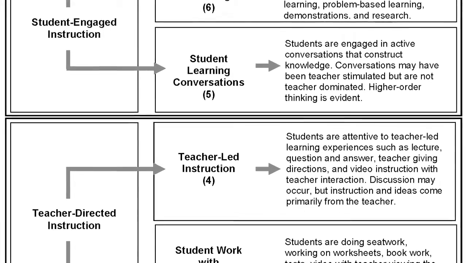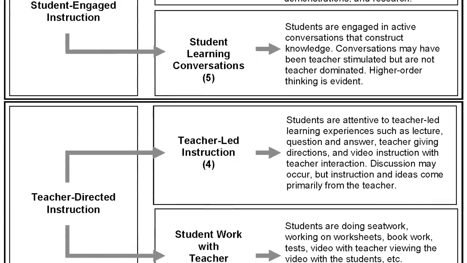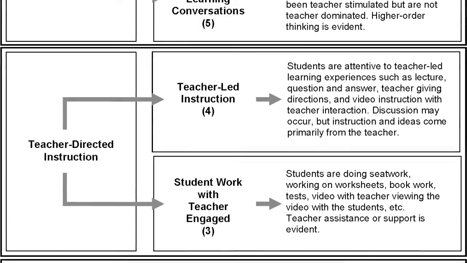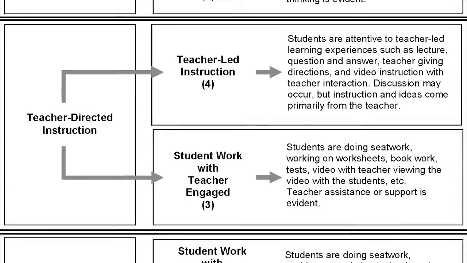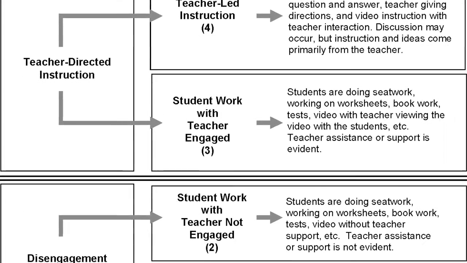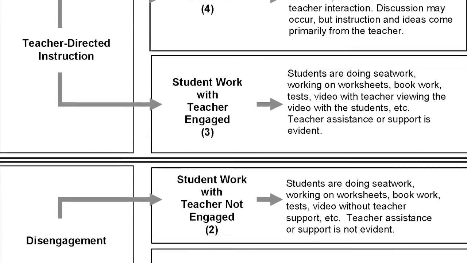And one of the tools that we used was the IPI, or Instructional Practices Inventory, which identifies a scale from 1 to 6 to address the level of student engagement in a classroom. And I can tell you that we were very pleased that most of the classrooms that we visited had IPI scores in the upper range, which meant that students were engaged in meaningful work in varying degrees.